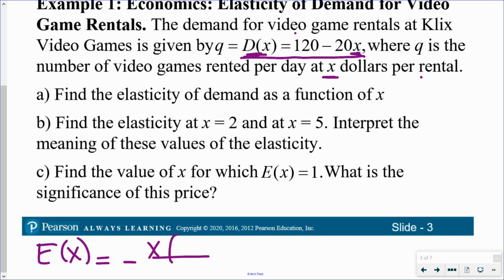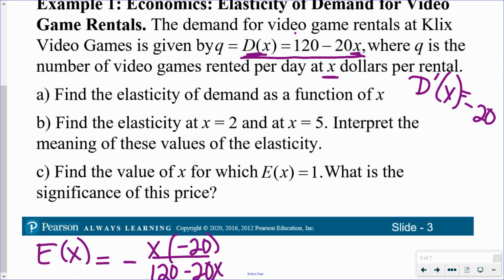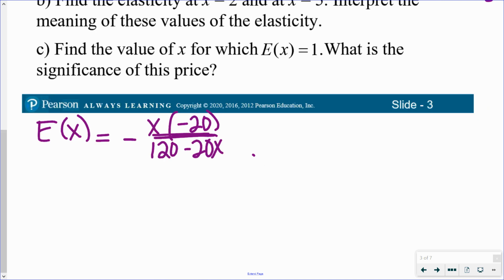The derivative, E prime, is going to be negative 20. So I'm going to put negative 20 here. And then the demand function, which is 120 minus 20x. Okay, and then let's simplify that a little. Now, we've got to give this negative to either the top or the bottom.